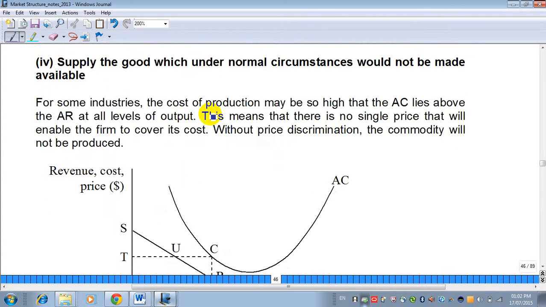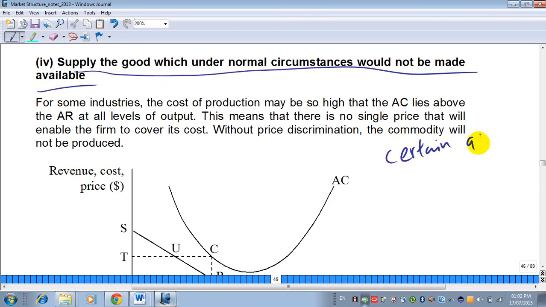Okay, the fourth point is another benefit of price discrimination as well. There can be supply of the good which under normal circumstances would not be made available. Let me explain this. There are certain goods which normally are not profitable.